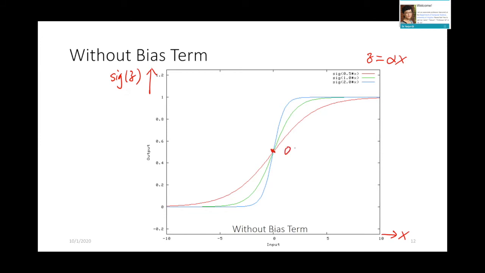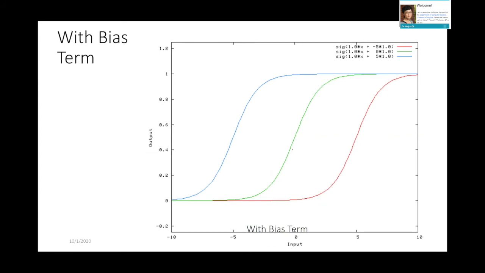Which means if your x is 0, no matter what you learn, you're always going to give 0.5 from this type of learning block. That is actually bad if you think about it. If you allow the bias term, you give many possibilities and a lot of flexibility. You can model almost all the possible cases of this S shape from left to right. So that's one point I want to emphasize: yes, the bias term should be learned, and it's important.